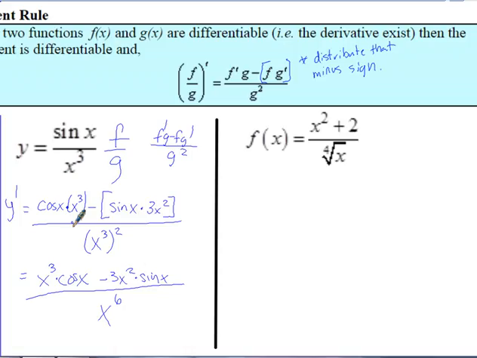So actually, this will just go away, right? This becomes just x, and then this becomes x to the fourth. So that's as simple as it's going to get. So x cosine of x minus 3 sine of x over x to the fourth.